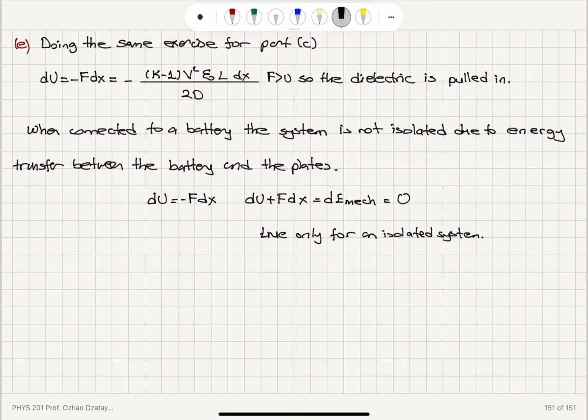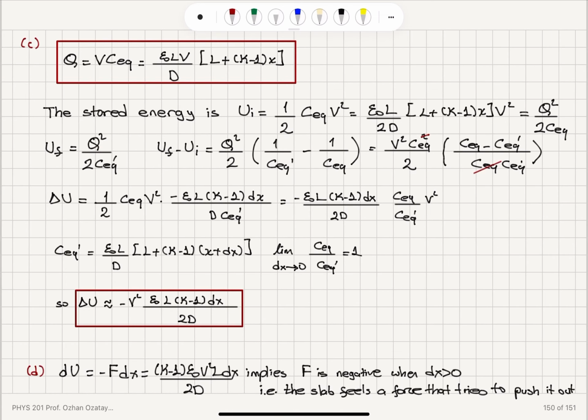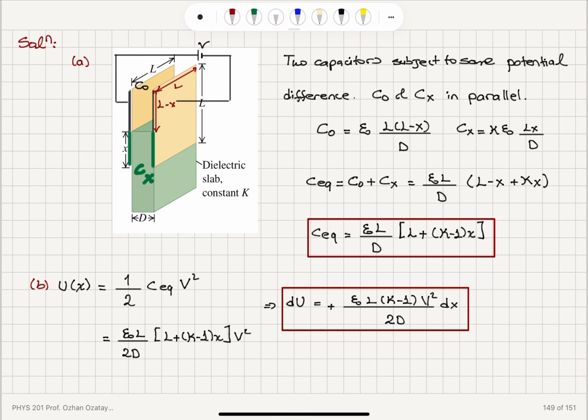So it is allowed to exchange energy with the battery, and therefore this argument does not apply to part B, but it does apply to part C because we have disconnected it from the battery and we find the direction of the force properly.